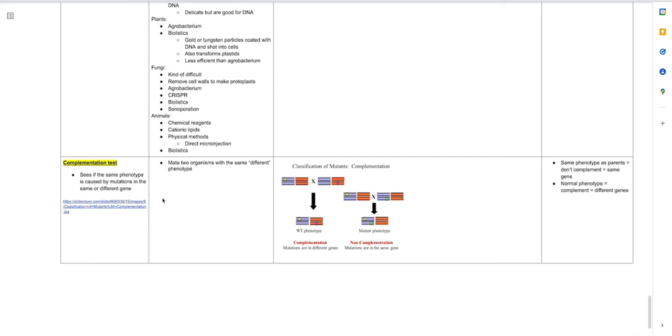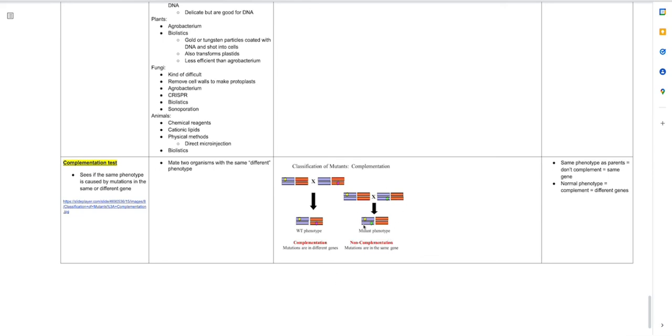So basically the way you analyze the results is that if you see that the offspring has the same phenotype as the parents, so the same mutant phenotype, then you can say that the genes don't complement each other, and the mutations are in the same gene.